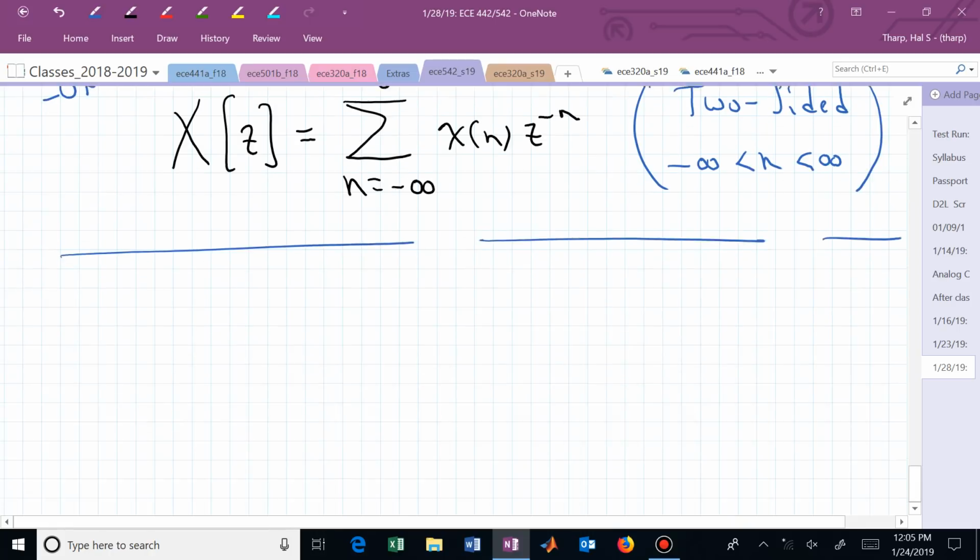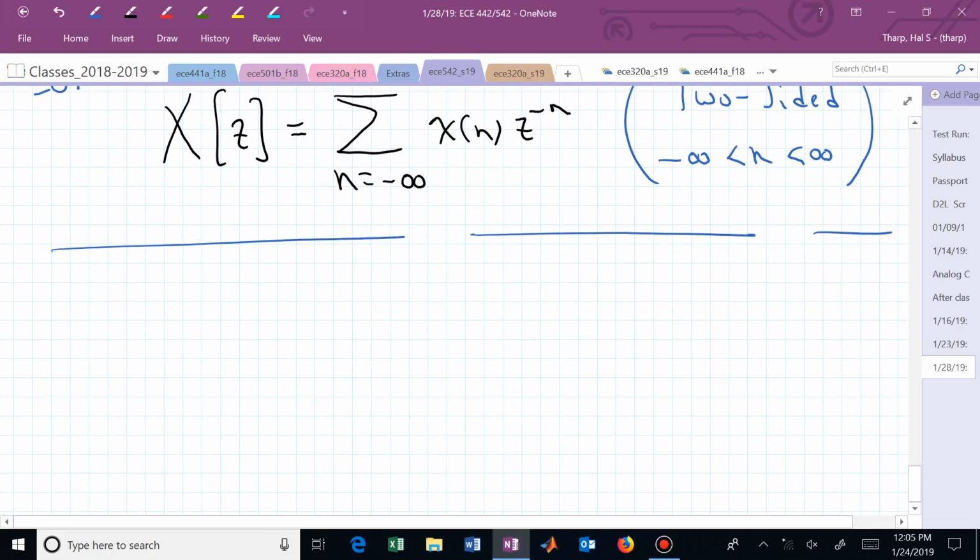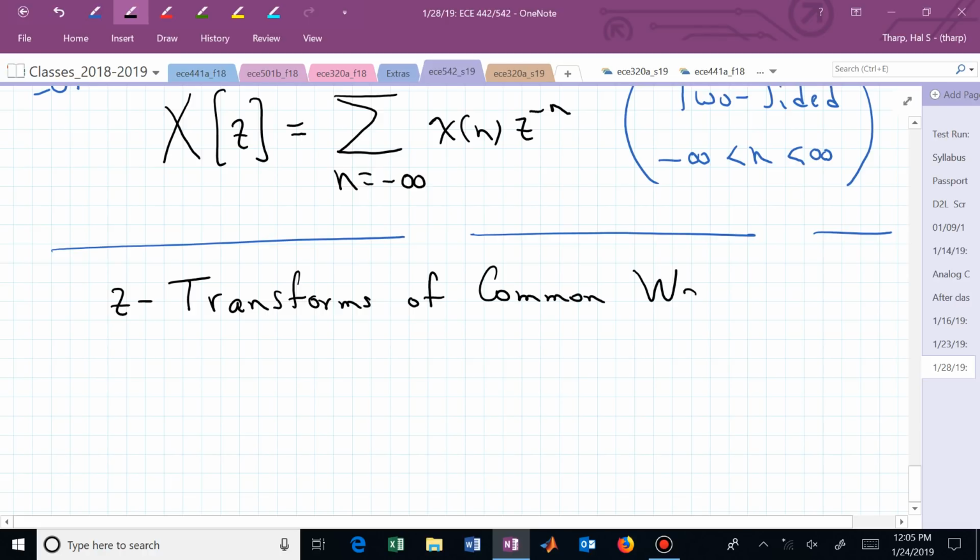So let's now look at some common waveforms, and that's how I will title this part of the lecture. Let's look at the z transforms of common waveforms.